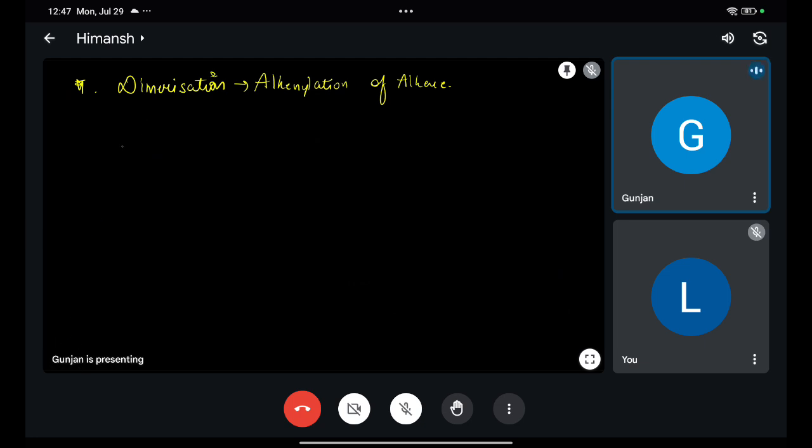Let's say we are having CH3, C, CH3, double bond, CH2, H2SO4, and 80 degrees Celsius temperature we are providing over here. What will happen? Another alkene.